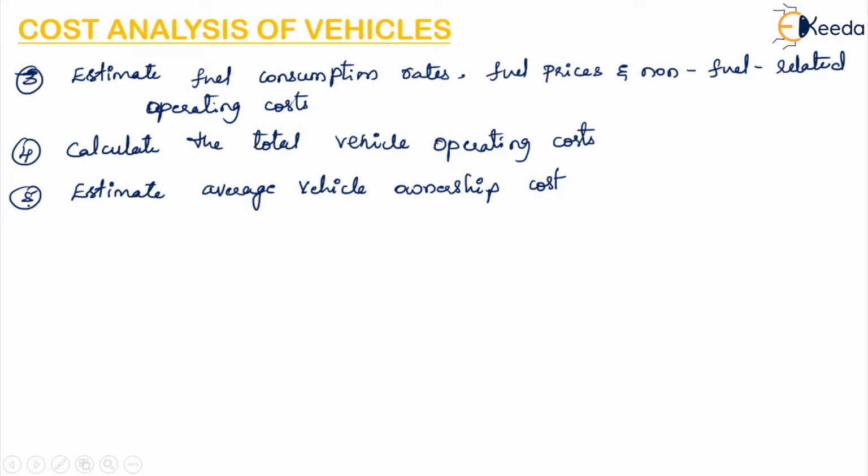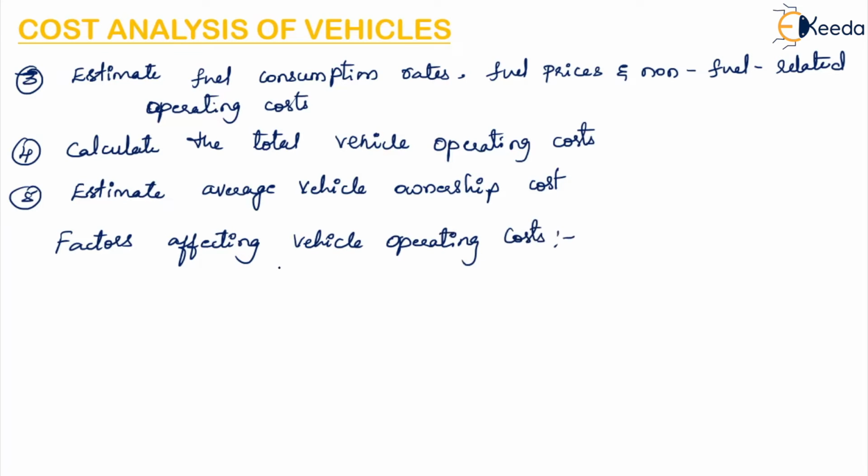Now we will discuss few factors which are affecting the operating costs of vehicle. So factors affecting vehicle operating costs. So the first one is the vehicle type. So vehicle type, that is the ownership and operating cost, will vary according to the vehicle size, class and other characteristics.